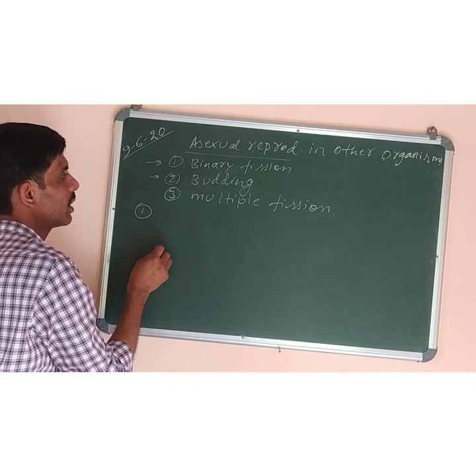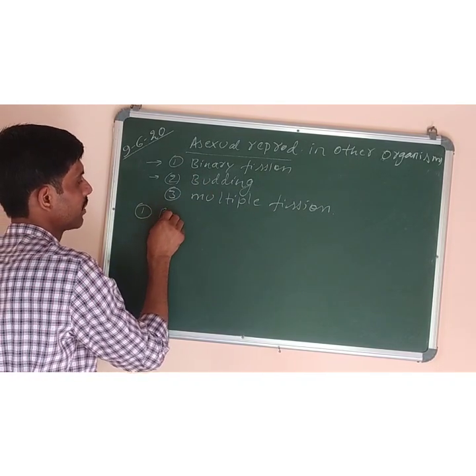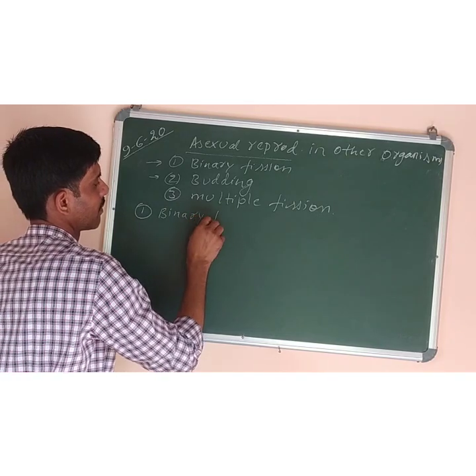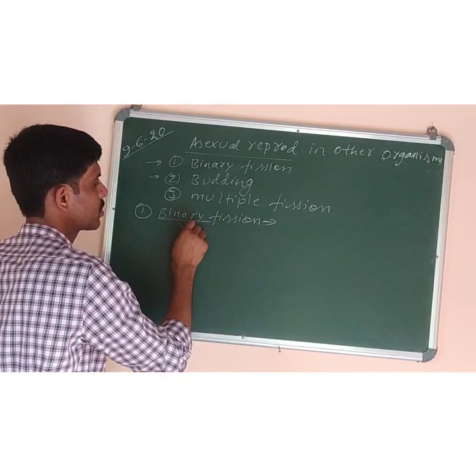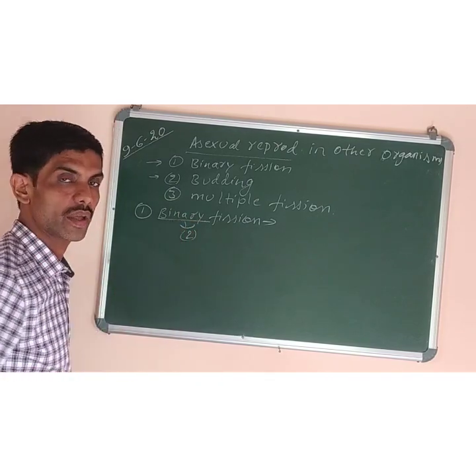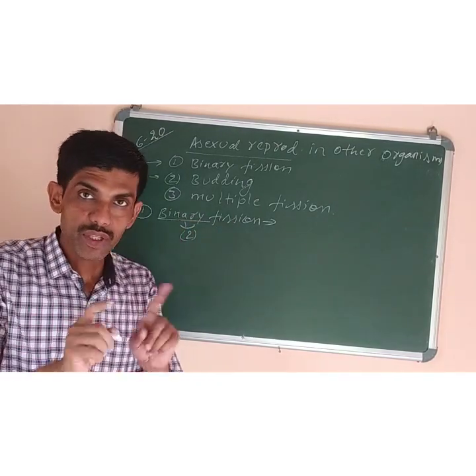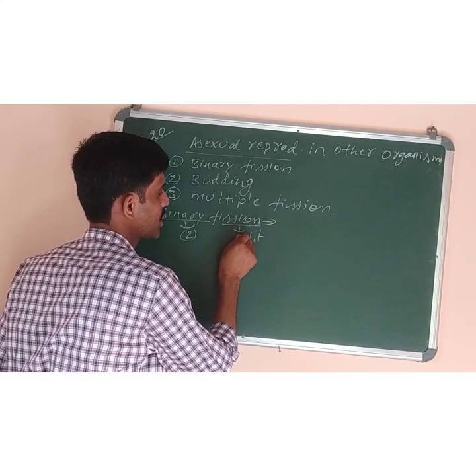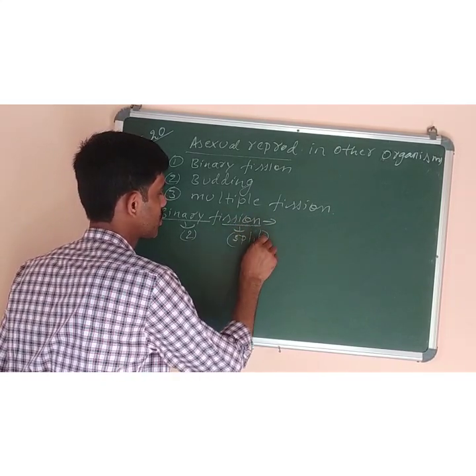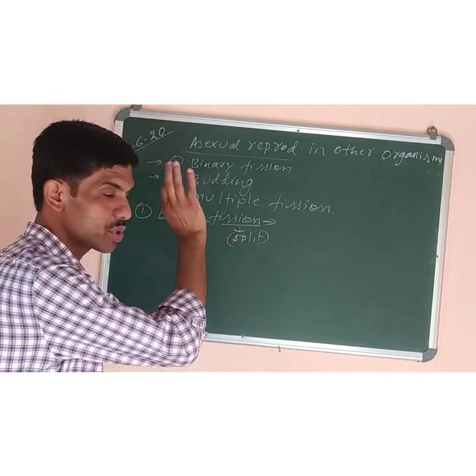Let's do the first one, that is binary fission. The word binary means two. Okay. So what is fission? Fission means to split. I have written here, binary means two and fission means to split.